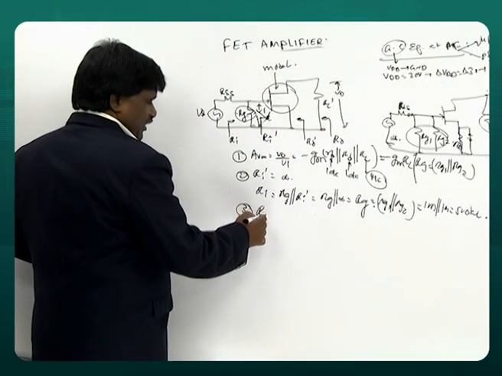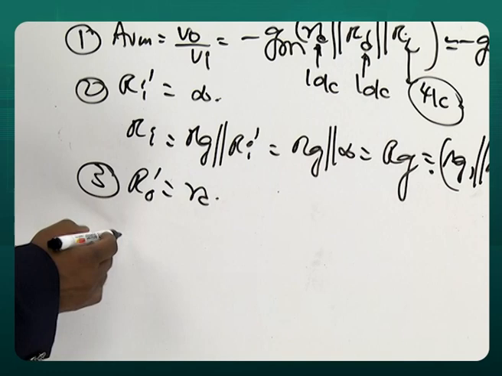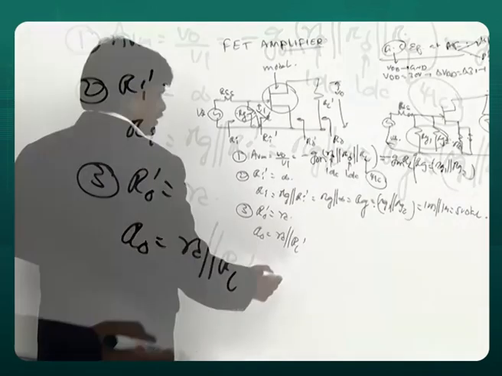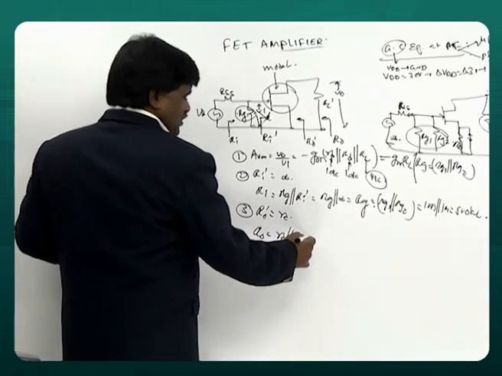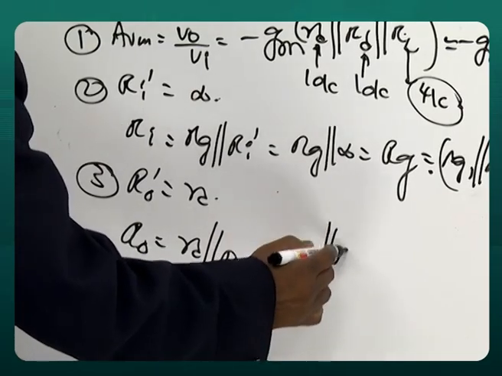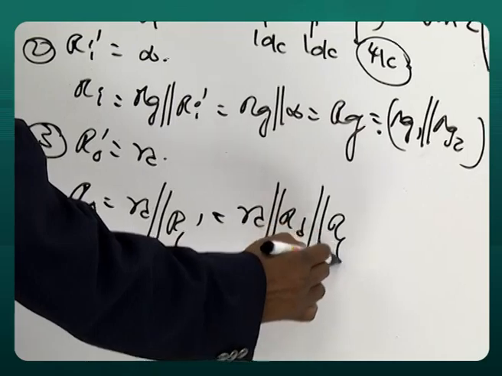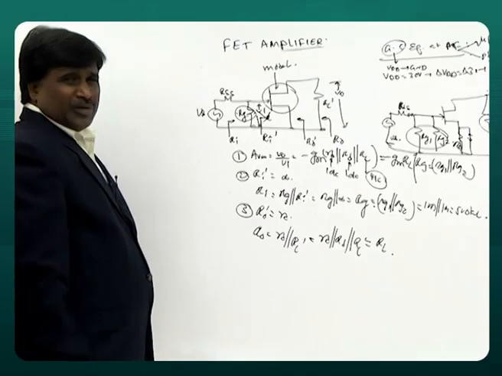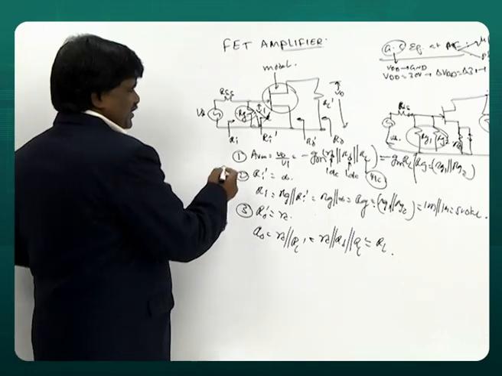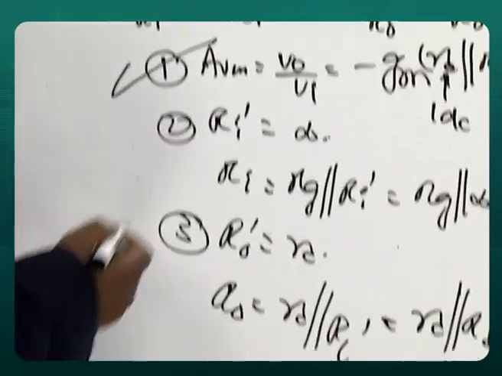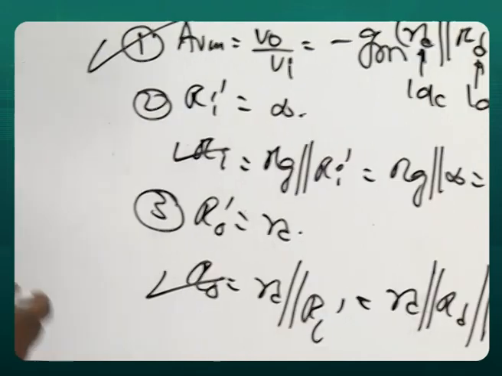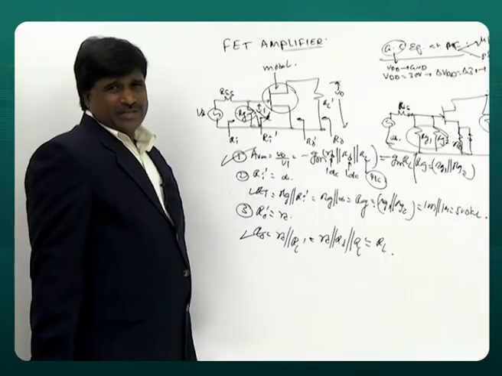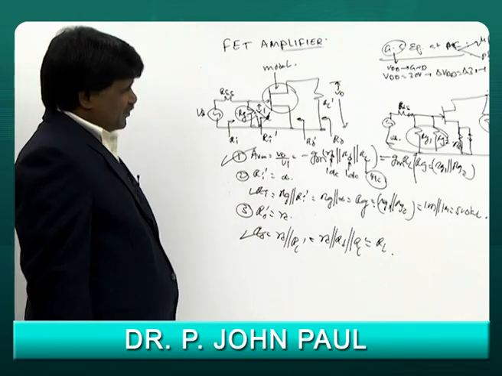Then lastly, Ro dash is small rd. So Ro dash is small rd parallel RL dash, which is nothing but small rd parallel capital RD parallel RL, which is approximately RL. That's the meaning. So for any amplifier, a person requires voltage gain, input impedance, output impedance. That's called mid-frequency analysis.